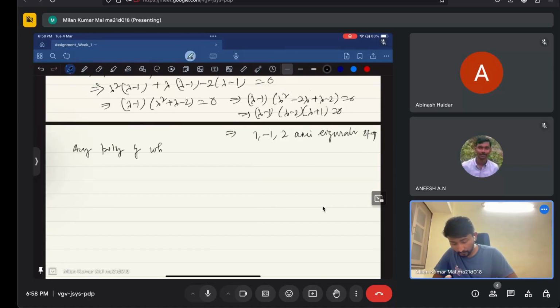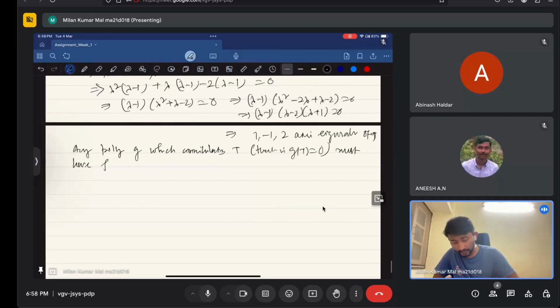So any polynomial g which annihilates T, that is g of T equals 0, must have factors x minus 1, x plus 1, x plus 2.